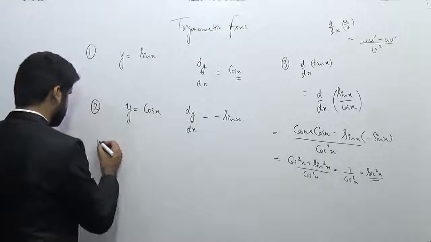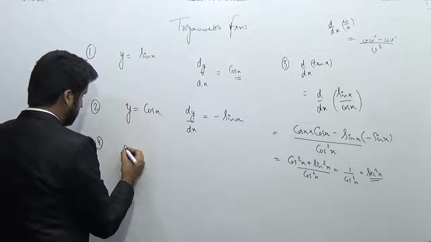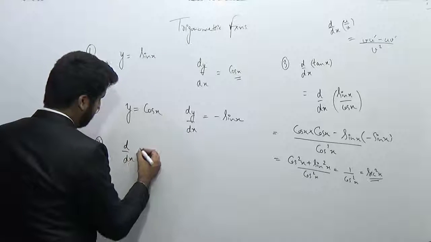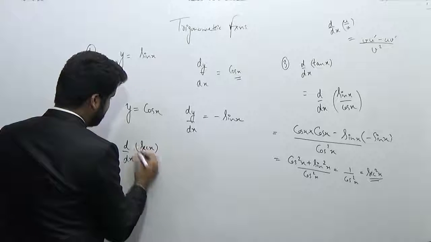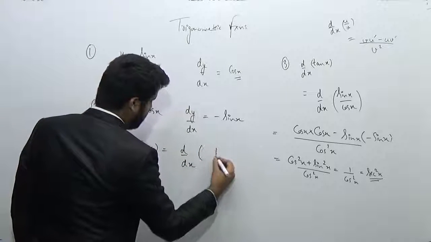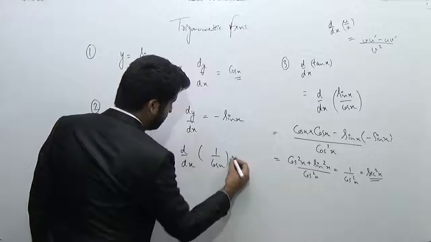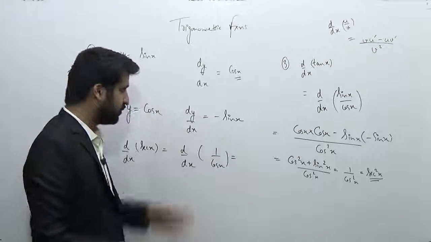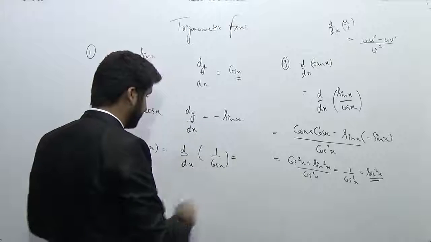Similarly, the next one is d upon dx of sec x. Now sec x can be written as d upon dx of 1 upon cos x. Now just do it by the quotient rule only. This will come out to be sec x tan x.